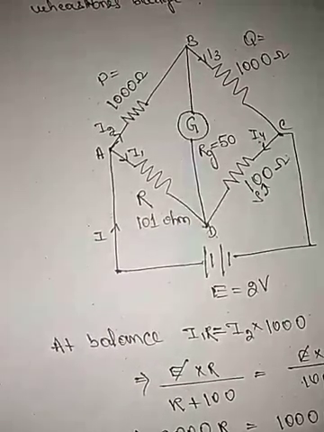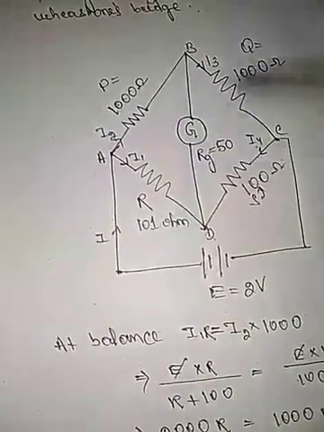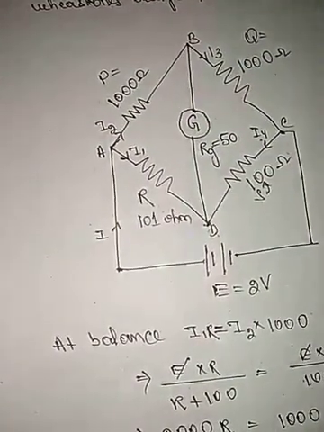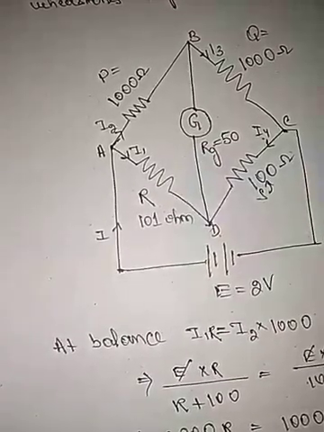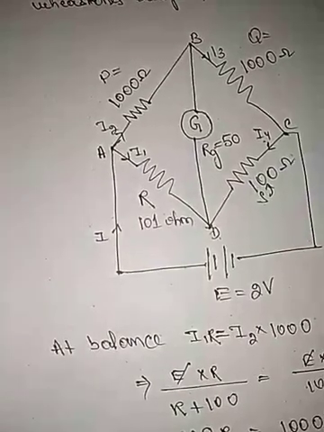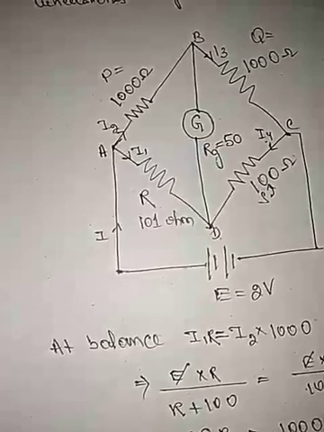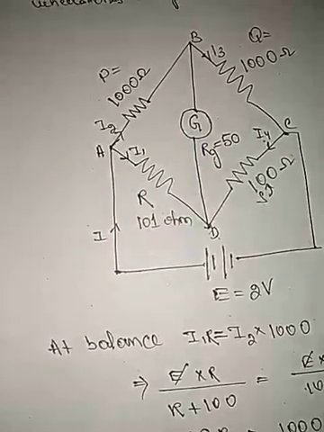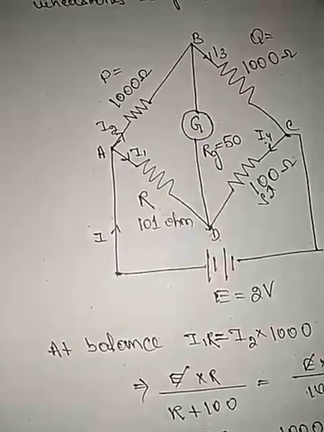Again I repeat the procedure for finding RTH. You remove the load. Here the load is this galvanometer, because we have to find the current flowing through it. Remove any sources present in the circuit. How do you remove a voltage source? By short circuiting it, and remove current sources, if present, by open circuiting them.